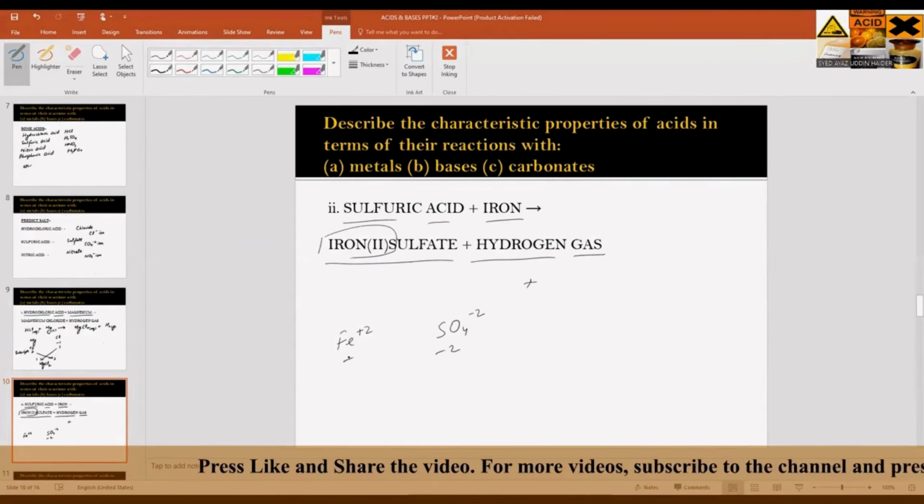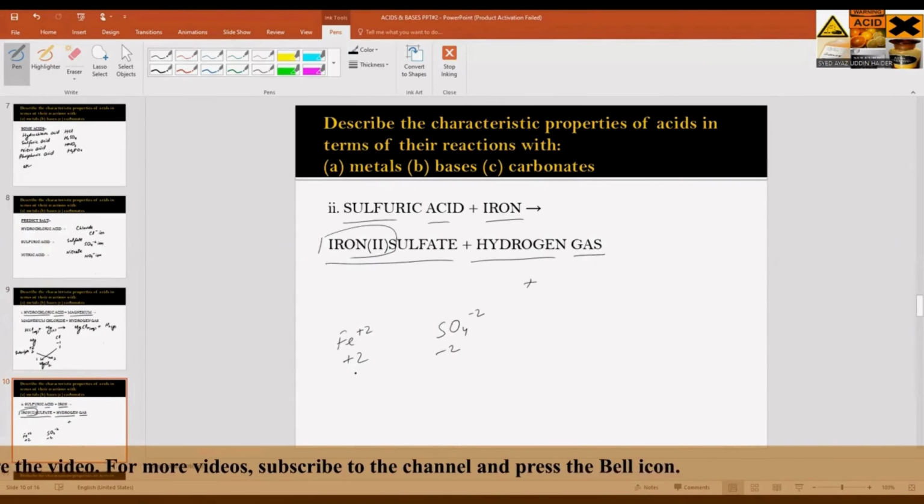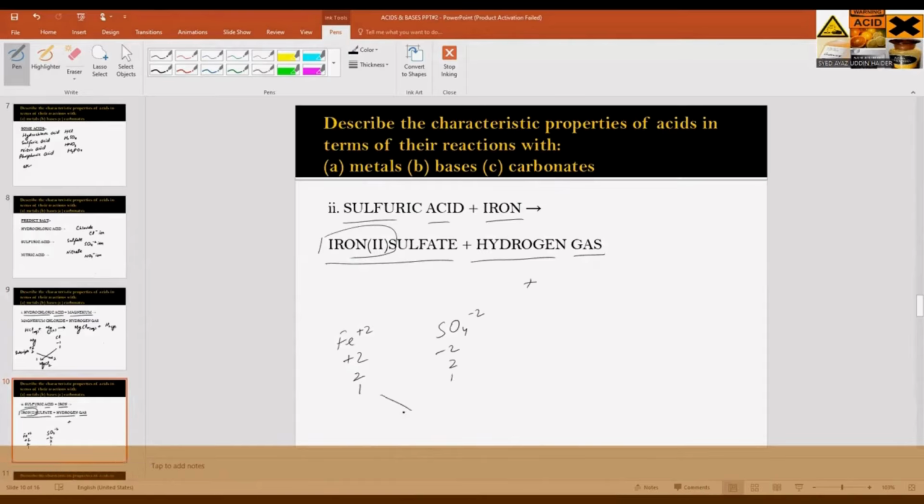So you write -2, plus 2. Both the numbers are the same, ignoring their charges, so these will be cancelled out to get 1. The subscripts will be exchanged, and the formula will be FeSO4. So the final product will be FeSO4 plus H2. The reactants will be H2SO4 plus Fe.